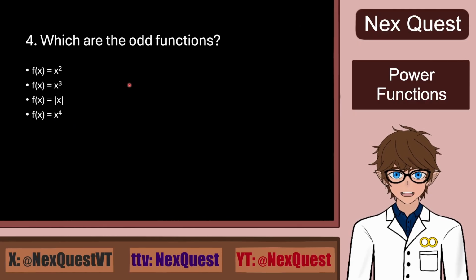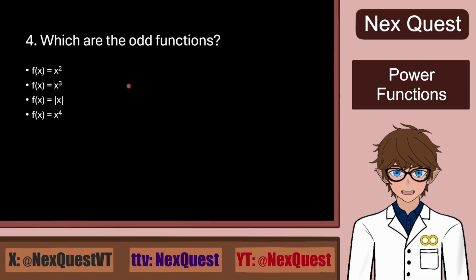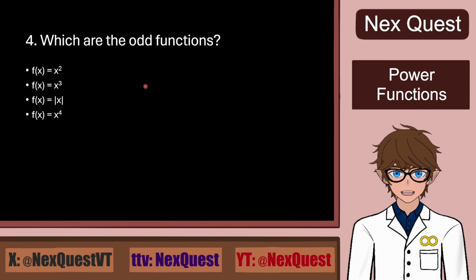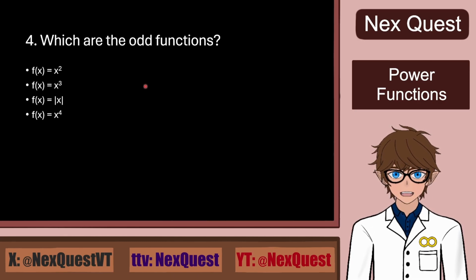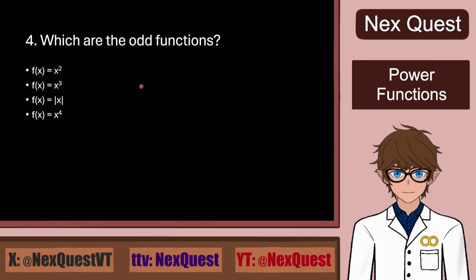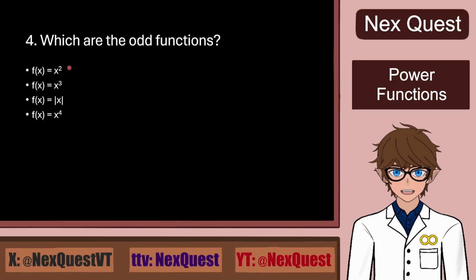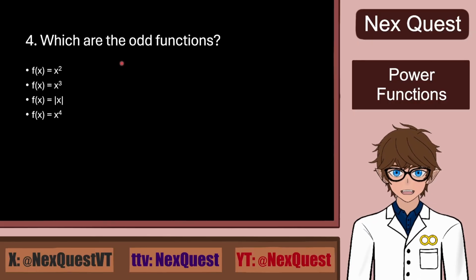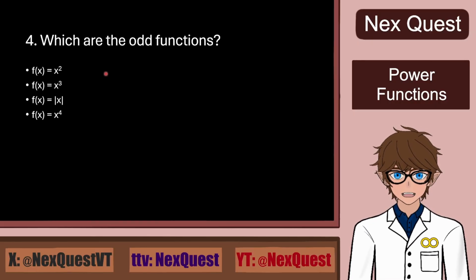And the last question was to determine which of the 4 functions are the odd ones. I will show the graphs here, especially for the more questionable one, but I will also explain how you can try and imagine the shape even if you forget. First, we have to know what makes a function odd or even. So putting in a negative x and a positive x, and if we get the same result, that is an even function.